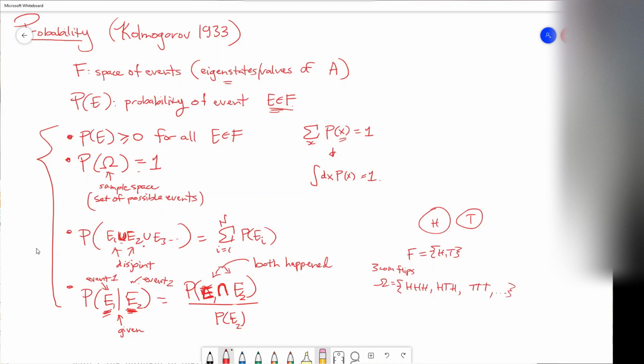So the sample space is how you do the sampling of your events, and it gives you the whole set of outcomes you could get from doing the sampling. F, though, just gives you the events themselves, like heads or tails. So that's roughly the difference.